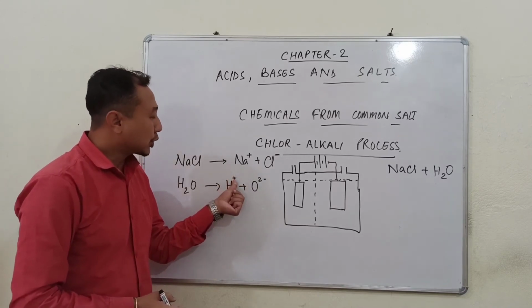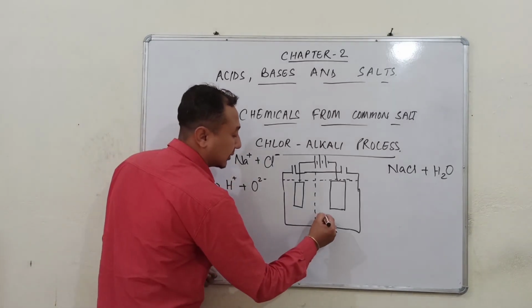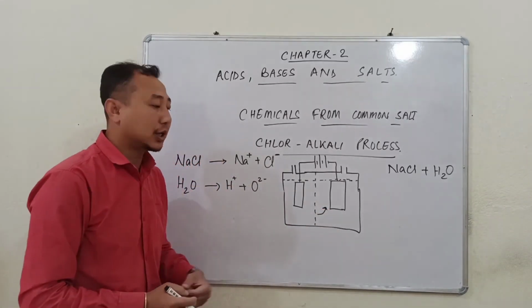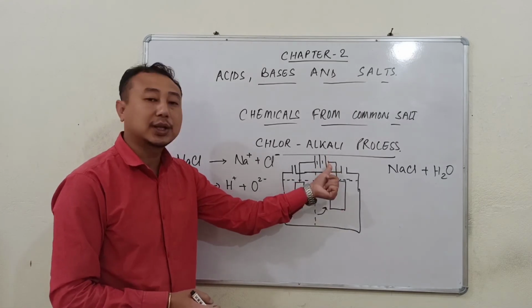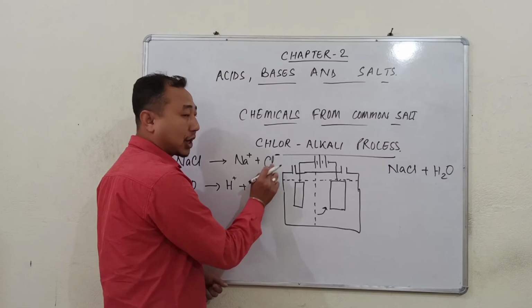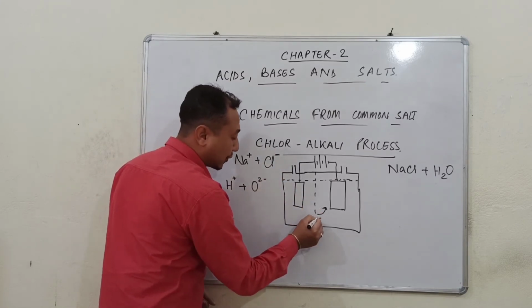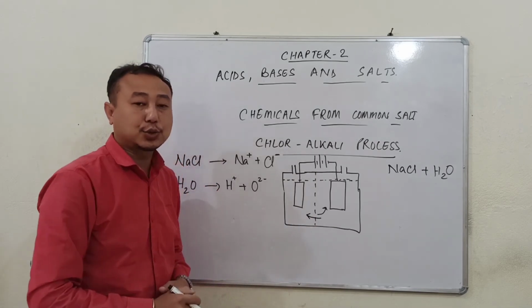So the positively charged ions, that is the sodium ion and the hydrogen ion, will be attracted towards the cathode which is connected with the negative terminal of the battery. While the negatively charged ions, that is the chloride ion and the oxygen ion, will be attracted towards the positive electrode.